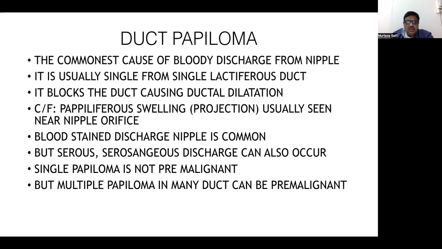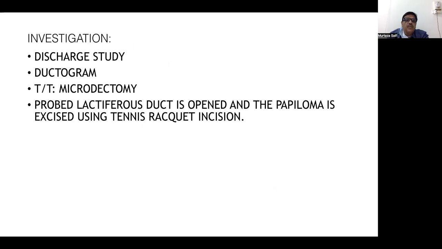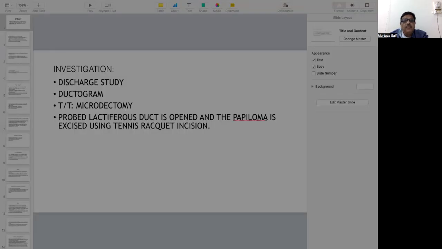Blood-stained discharge from the nipple is common, but serous discharge can also occur. Single papilloma is not premalignant, but multiple papillomas can be a premalignant condition. Investigation: study of discharge, ductogram. Treatment: microdochectomy, the lactiferous duct is probed and opened and the papilloma is excised using a tennis racket incision.